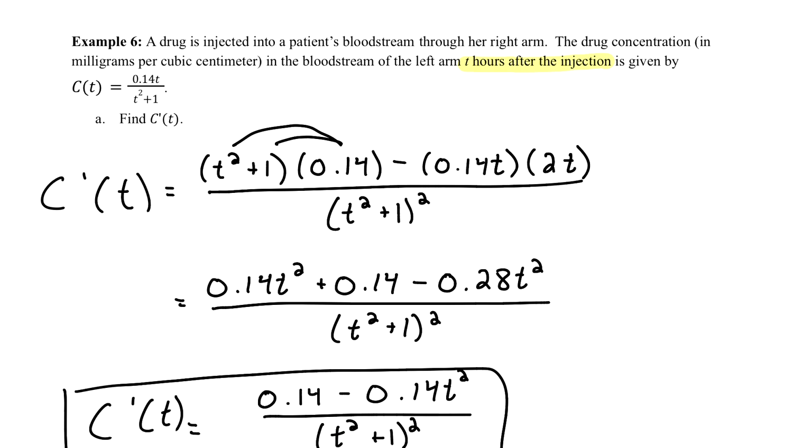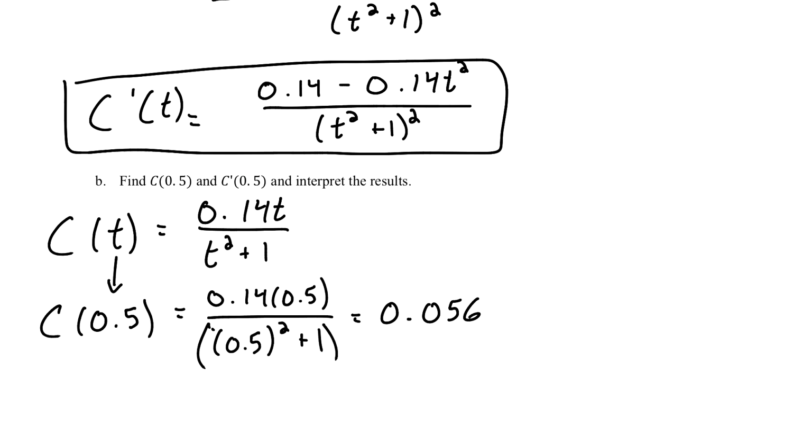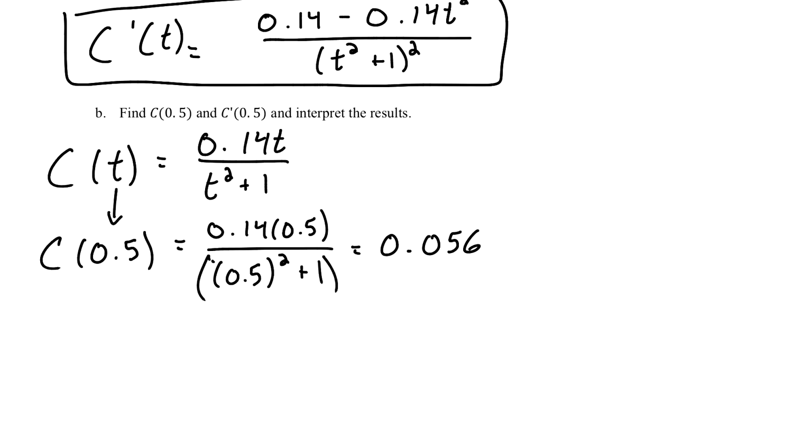What does C of t represent? This represents the drug concentration in milligrams per cubic centimeter in the bloodstream of the left arm. So if I wanted to talk about what this means, we said t was 0.5, so here 0.5 hours, or you could say half an hour after the injection.